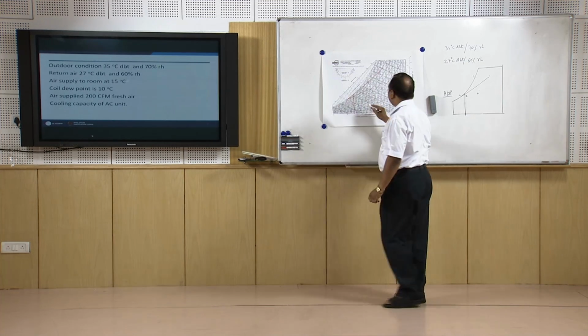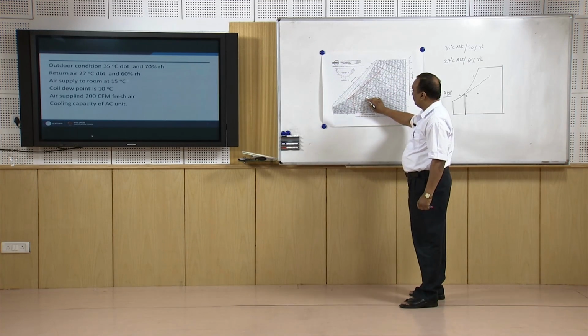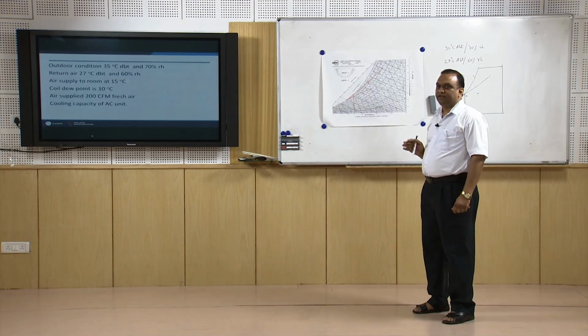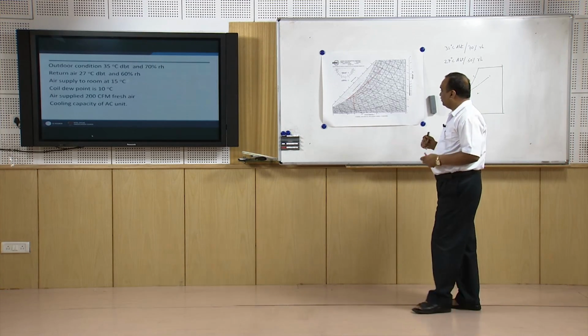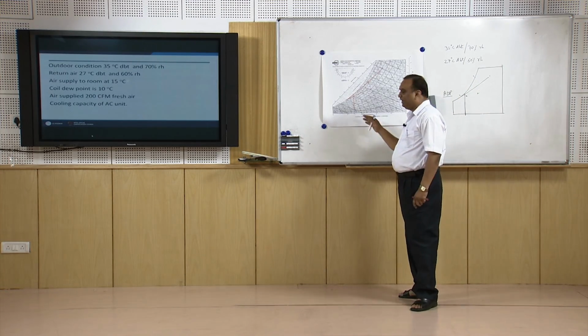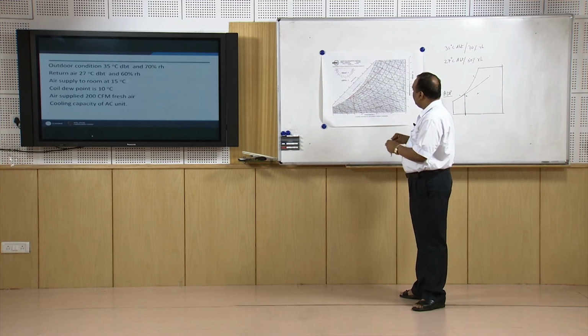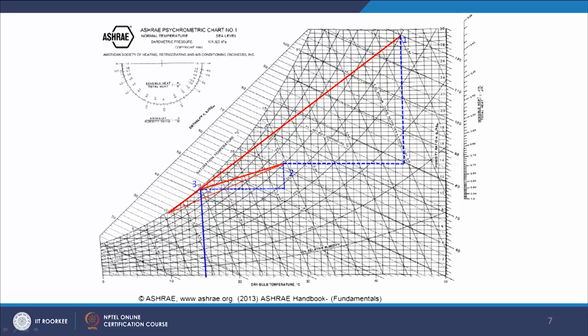We always assumed that the supply is 24 degrees centigrade and 50% RH. But in actual practice, the air which is entering the room, because it has to pick heat from the room also, is normally at 13 to 15 degrees centigrade, and now this air enters the room and picks up the heat from the room, and return air attains the state of, this is state 1, this is state 2, and this is state 3.